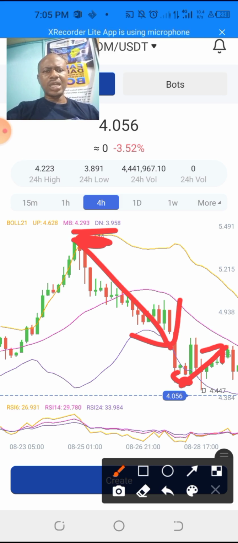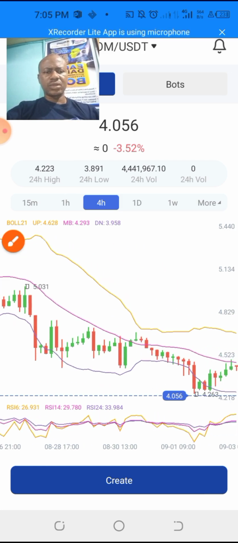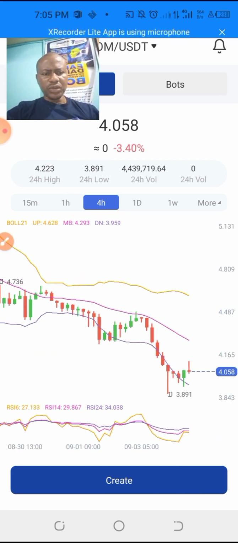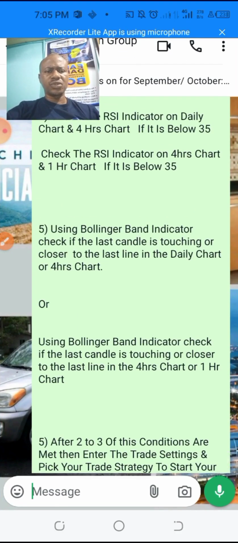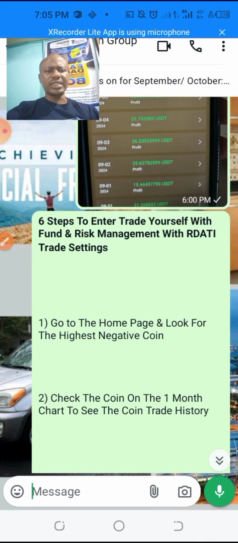So the Bollinger Band shows you very good, perfect price action, resistance, and the support of any coin. So that's why you follow this rule. Follow this rule. So the first rule is look for the highest negative coin.